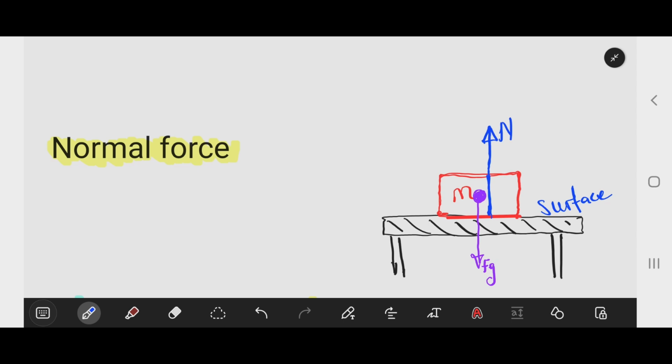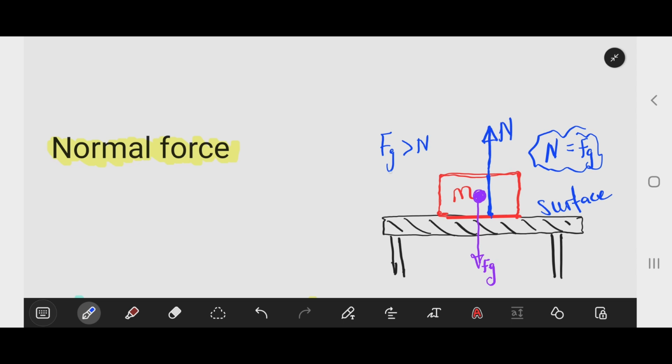Okay, so in this case it is stationary and there are only two forces, so we can see that the normal force is equal to your gravitational force, right? So what happens if your gravitational force becomes greater than the normal force? It means now the table cannot balance the gravitational force.